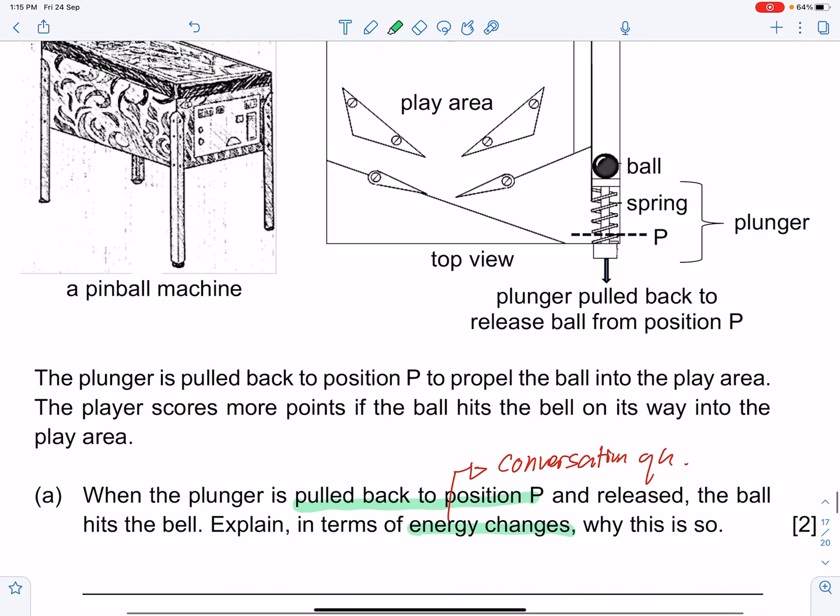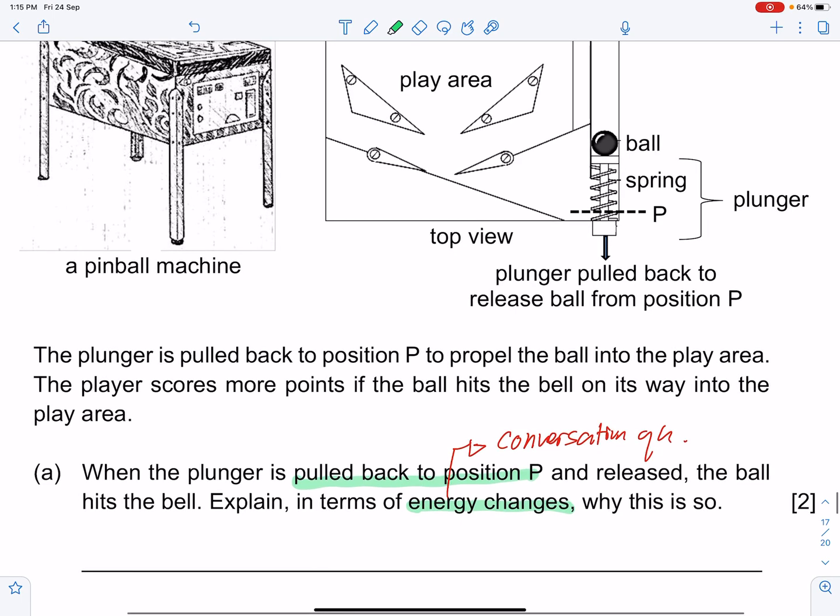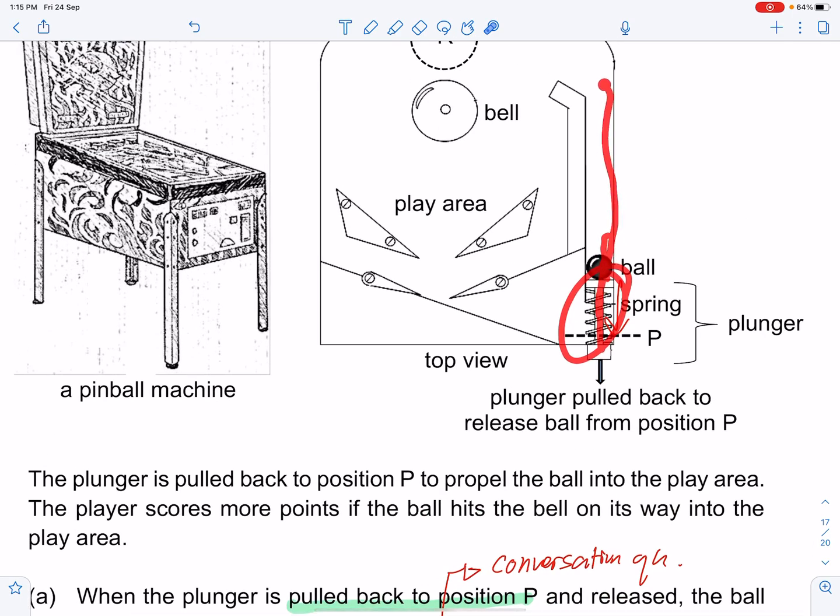So you need to first tell me what type of energy is being possessed when it's pulled back. That will be your elastic potential energy. So when it's pulled back to here, it is elastic potential energy. And then when you release it, the potential energy in the spring is converted because it's moving. When it's moving, it is kinetic energy.